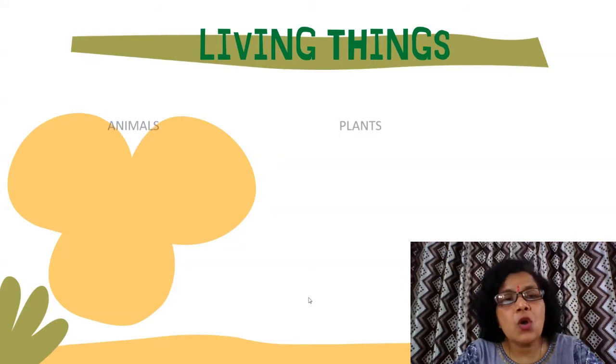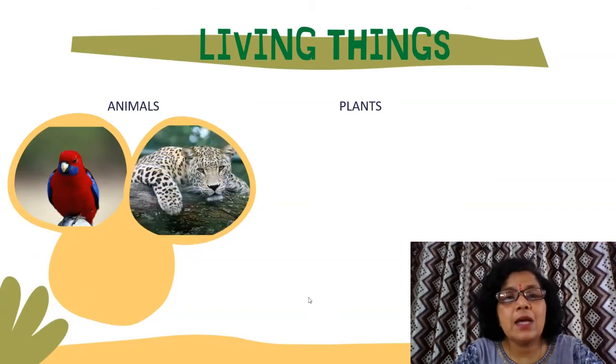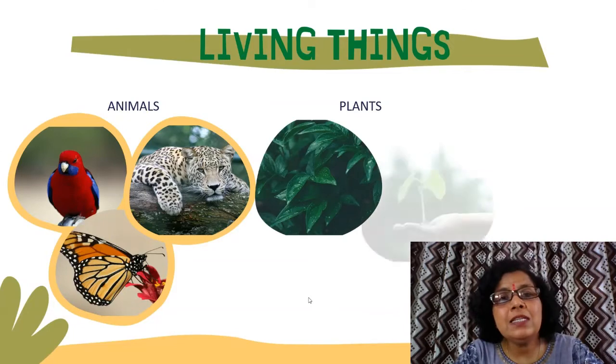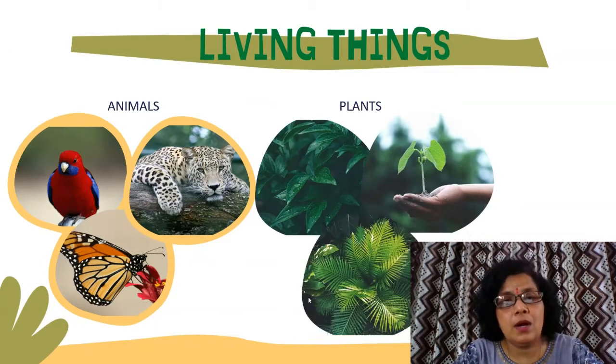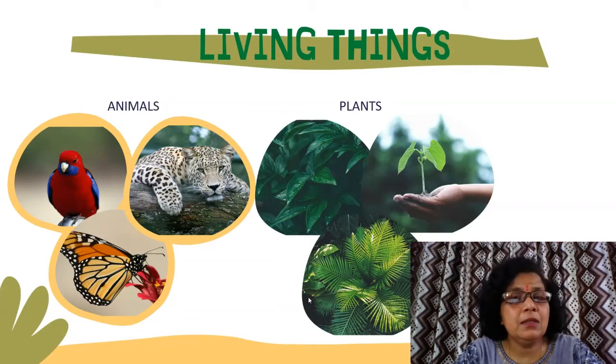Living things consists of animals and plants. We have seen many animals around us. And also we have seen many plants around us. And all of them exhibit almost similar properties, like that they breathe, they reproduce, they move, and many more.